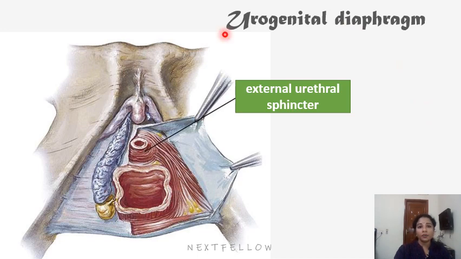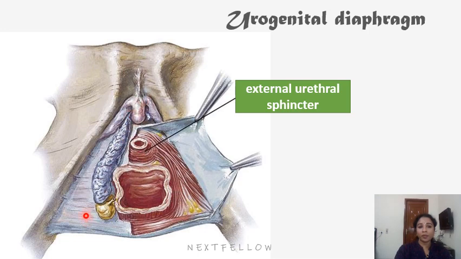So here we can see this urogenital diaphragm, which is a muscular component in deep perineal pouch. You can see it when we reflect this perineal membrane. So on one side you are seeing superficial perineal pouch.